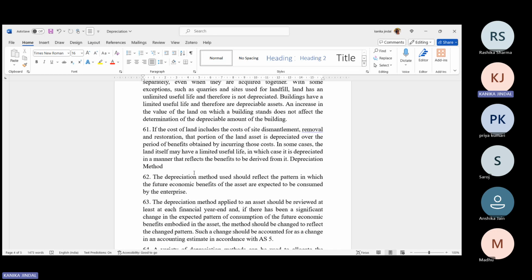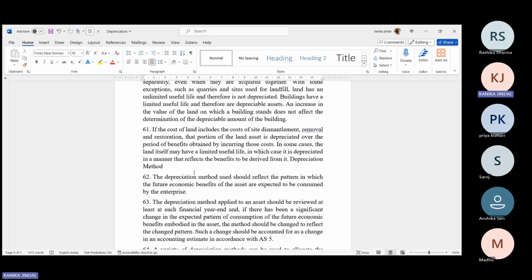So अगर कोई भी land की cost है जिसमें साइट डिसमेंटलमेंट या रिमूवल और रिस्टोरेशन इंक्लूड होता है, उस लैंड के पोर्शन को हम डेप्रिशिएट करेंगे ओवर द पीरियड ऑफ बेनिफिट्स ऑब्टेन्ड बाय इंकरिंग दोज कॉस्ट. अगर हमने उस लैंड को डिसमेंटल किया है या उसमें से रिमूवल या रिस्टोरेशन किया है, तो उस पोर्शन ऑफ लैंड को वी विल डेप्रिशिएट ड्यूरिंग दैट पीरियड फॉर विच वी हैव ऑब्टेन्ड बेनिफिट. जितनी हमने कॉस्ट उसमें लगाई है, जब तक हमने उसका बेनिफिट लिया है उस पीरियड तक हम उसको डेप्रिशिएट करेंगे.